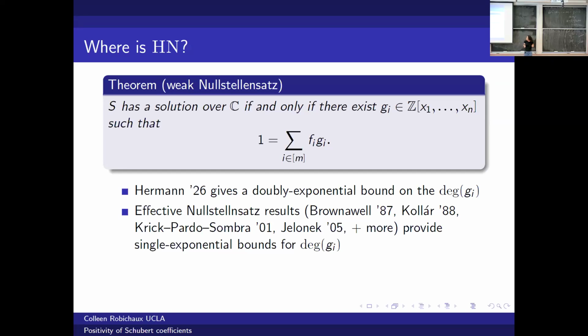We can't just plug in a proposed solution because we don't know whether a complex-valued solution is going to be small. That's why we want these gi's. But the gi's could still be big, because even the best results tell me that they are only single exponential. That's still big. So I want you to think about where this incredible breadth of work actually tells us this problem lies. With all of that, it's still not even in PH.